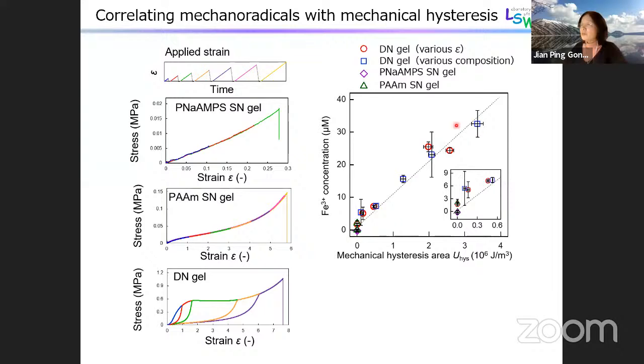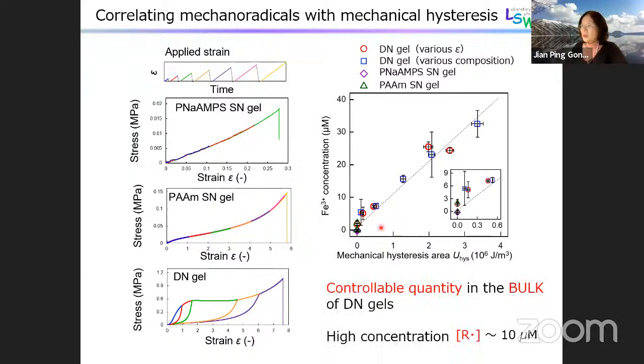You can see that even for different chemical structures of the double network gels, we can find roughly linear correlations between the hysteresis and the amount of mechanoradicals. And single network gels also show very, very weak mechanoradicals, not absolutely zero, but compared with the double network gel, it's almost negligible.